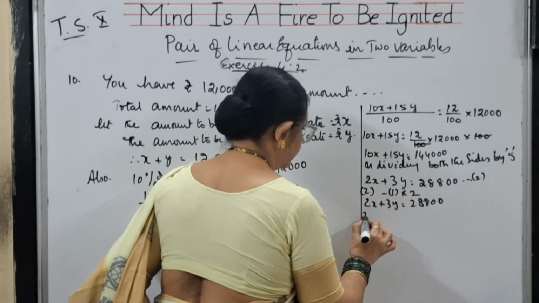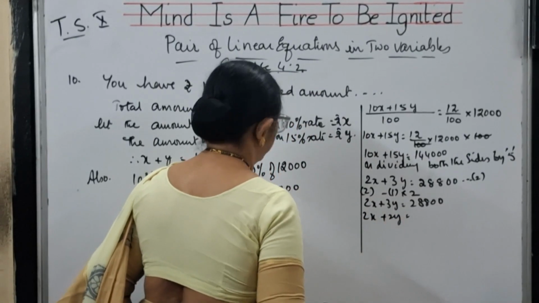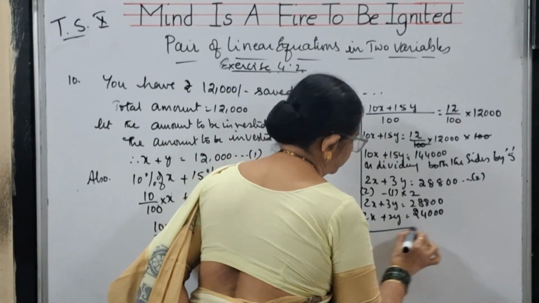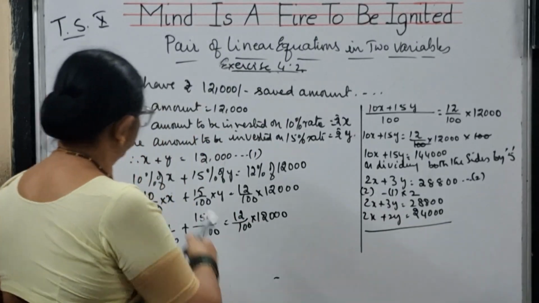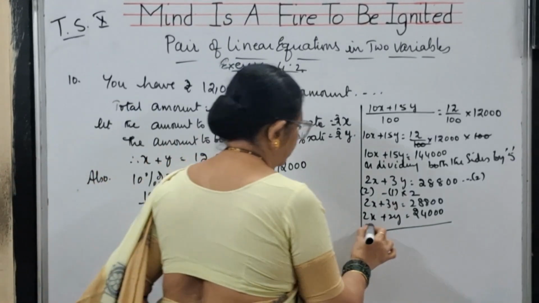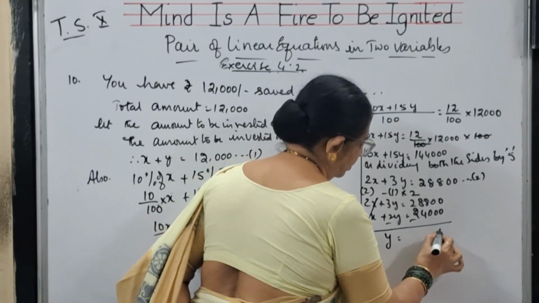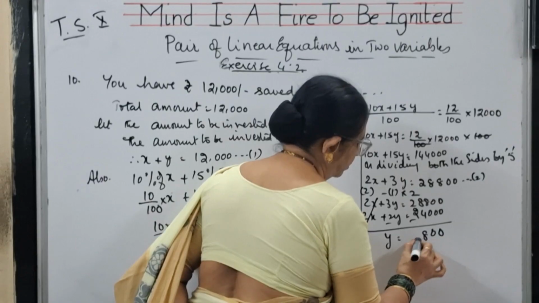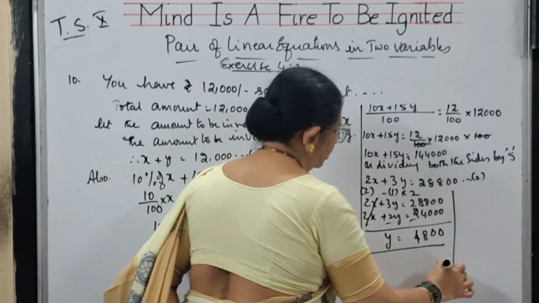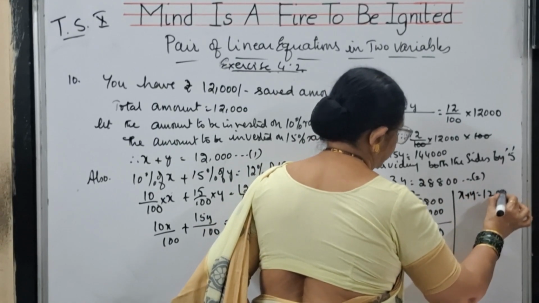And here 2x plus 2y is equal to 2 times 12,000, that is 24,000. So when you are subtracting, these two will get cancelled. y is equal to 4,800. So we know that x plus y is 12,000.